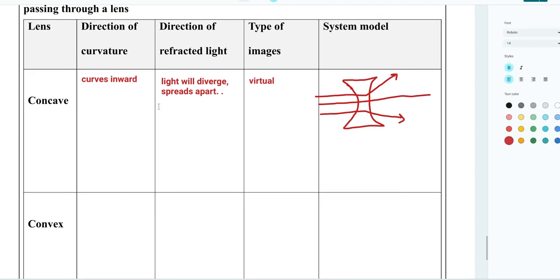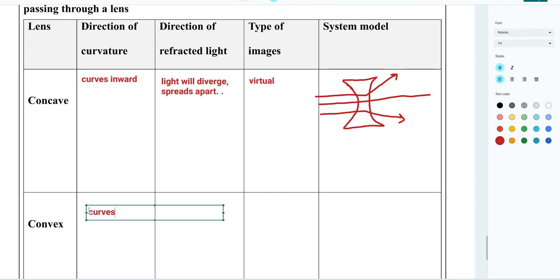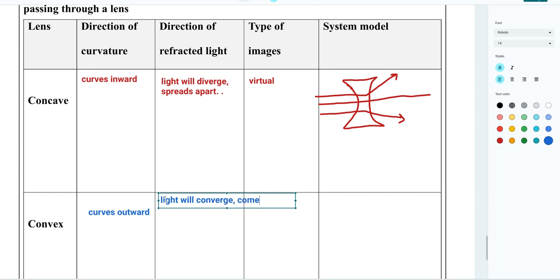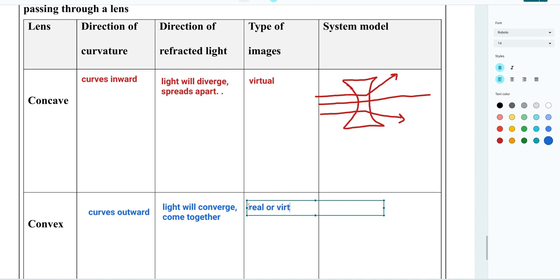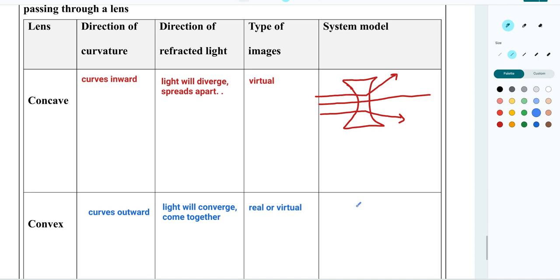So now we're looking at our convex lens, which curves outward. I'm going to change the color here. Lights will converge, as I said before, come together. Our images here can be real or virtual. And when we draw our picture, optical axis goes through the middle.